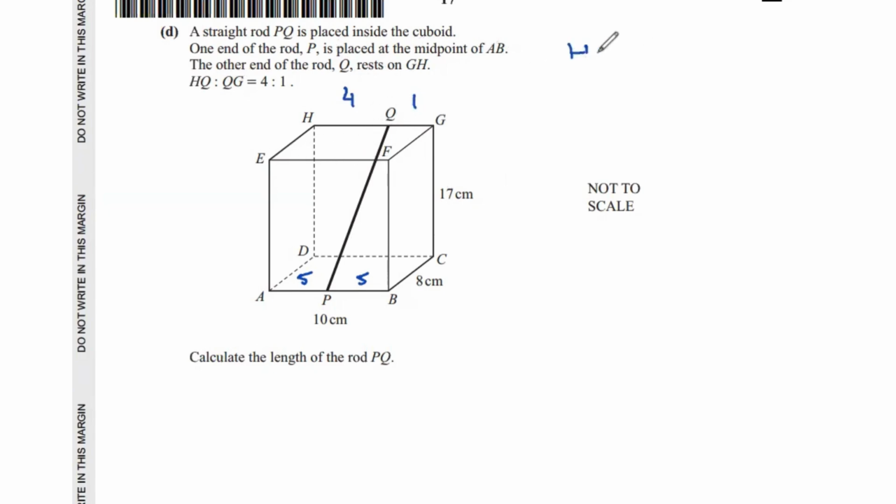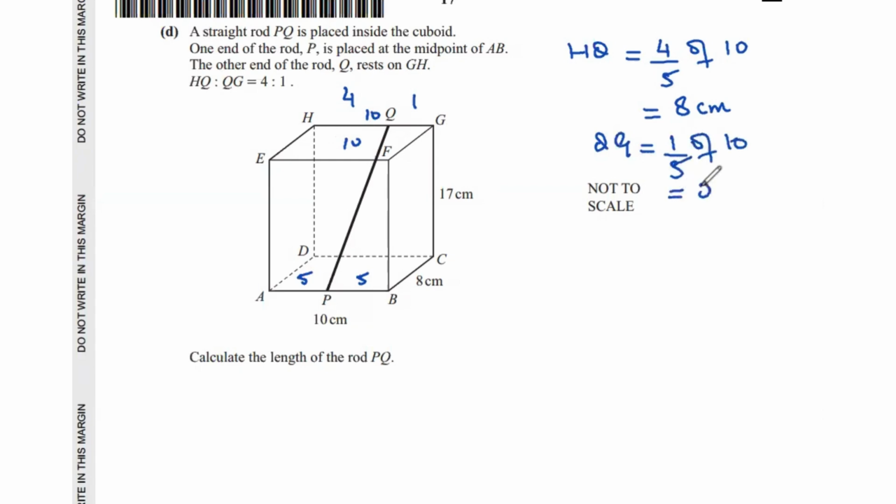So HQ would be 4/5 of 10, because these are all the same lengths. This is 10, this is 10. So that's 8 centimeters. And QG is 1/5 of 10.